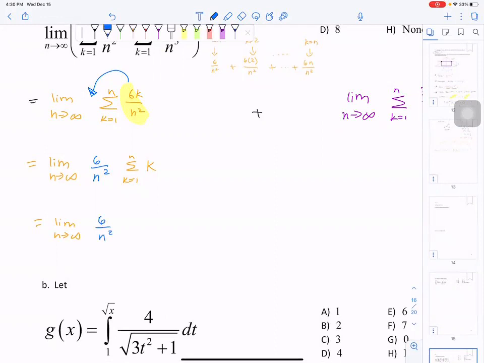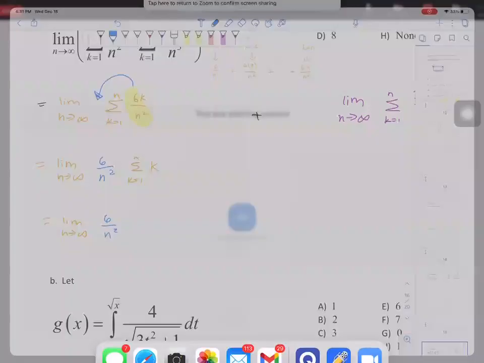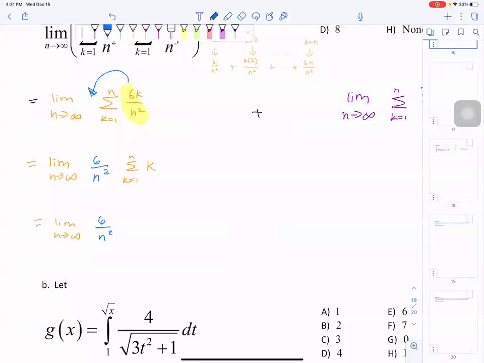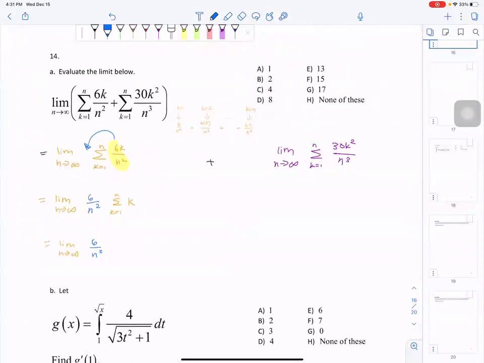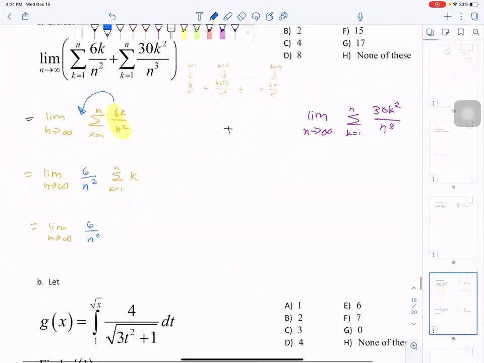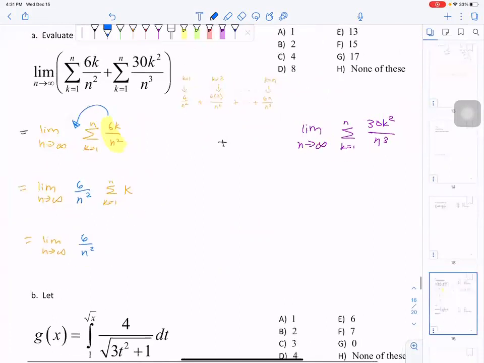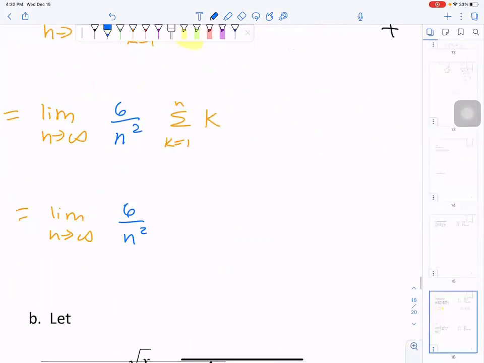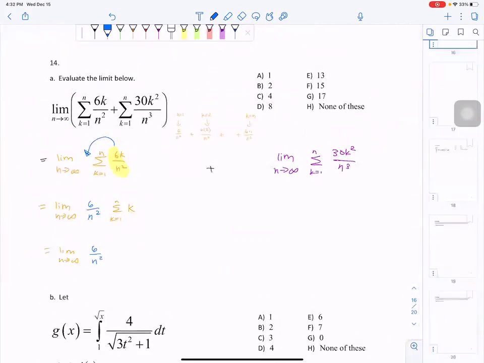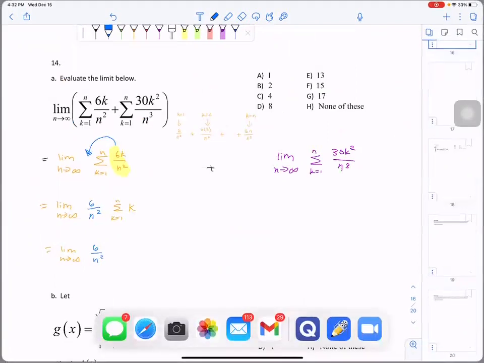Can people hear me now? Okay, but this is not loading. Wait, it's not moving my changes.